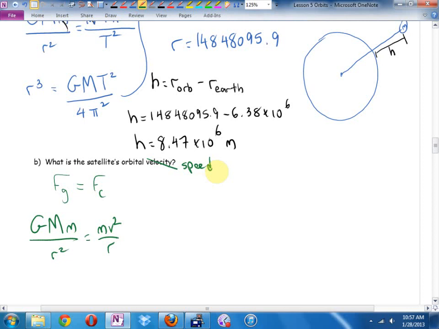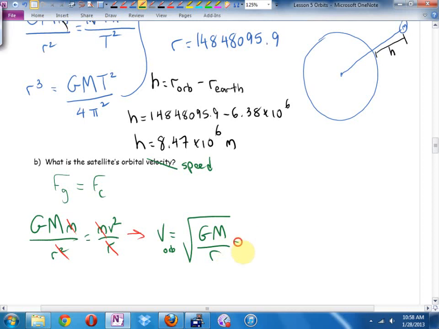If I say the direction, tangent to the radius, but wherever the radius is, I don't know. Oh, in fact, we've seen this one before. I think we end up with orbital speed being the square root of big G, big M over R. And again, you're going to use R, not altitude, the orbital radius, 148,480,959, that one.